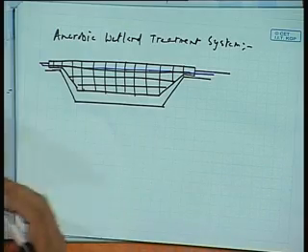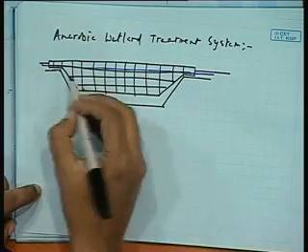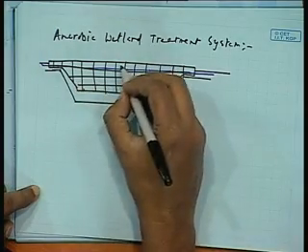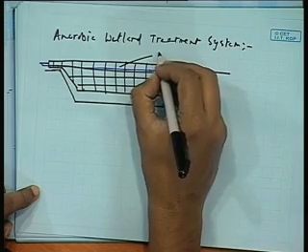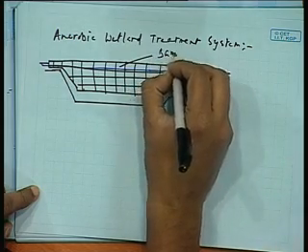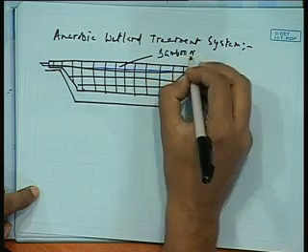This is the construction. These are the bamboo or straw mats.